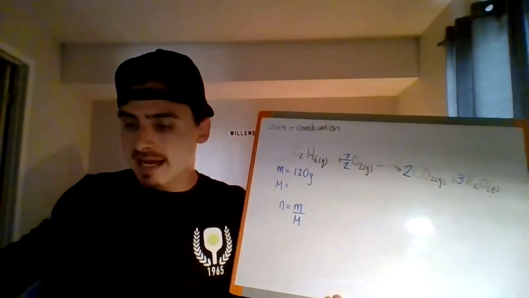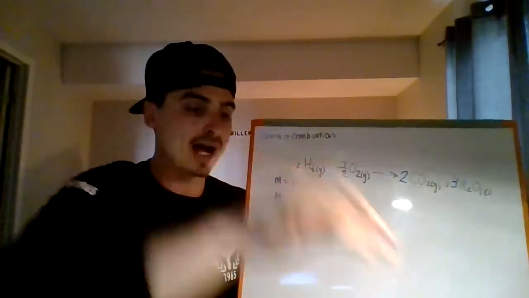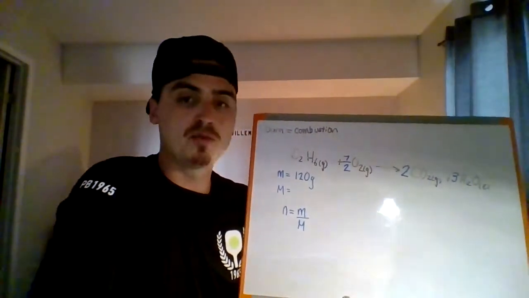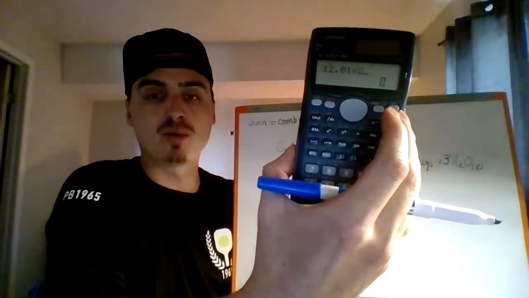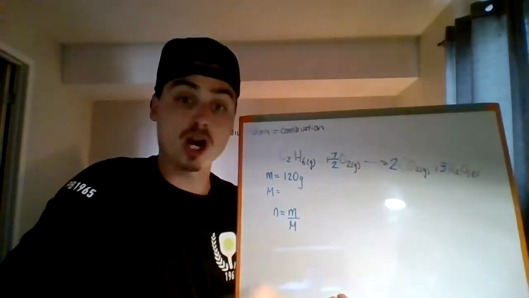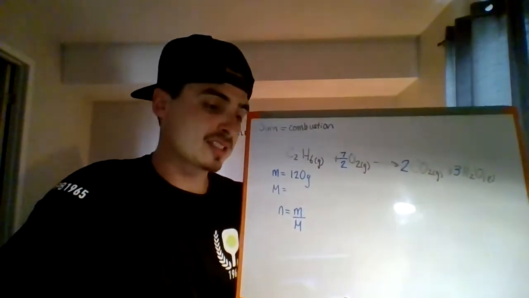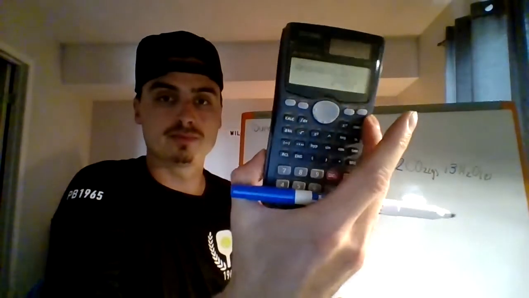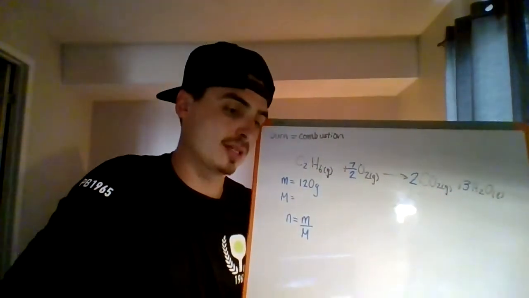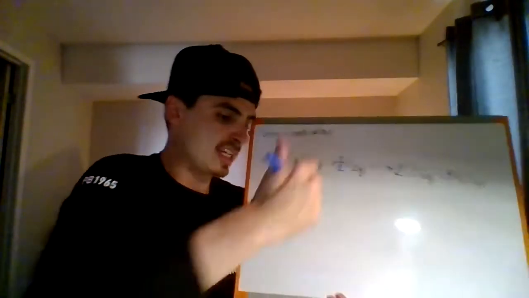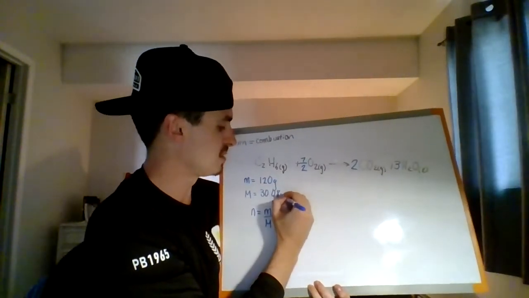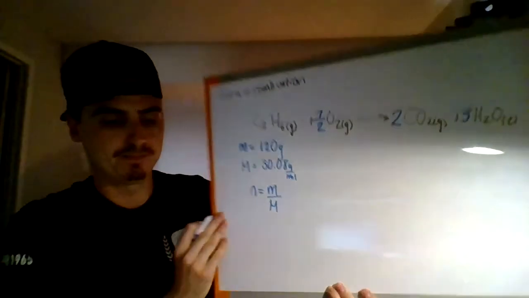If I look in my data booklet at my periodic table, I can determine the molar mass, okay? I got 12.01 times 2, that's carbon, plus 6 times 1.01, and that's going to give me 30.08 grams per mole. Okay?